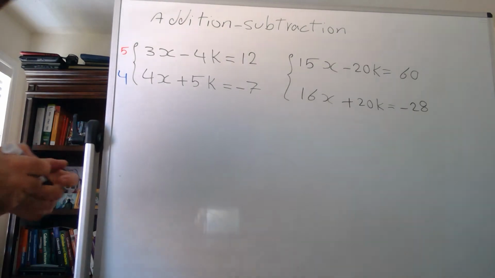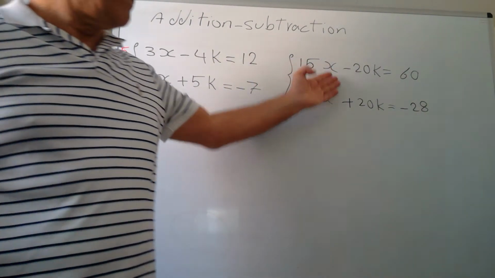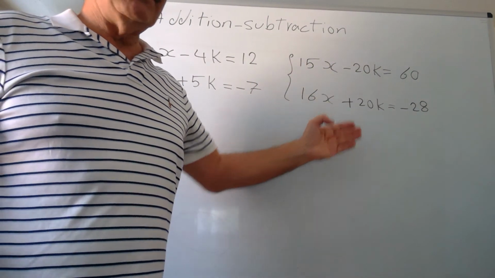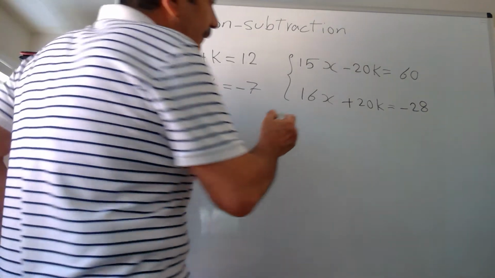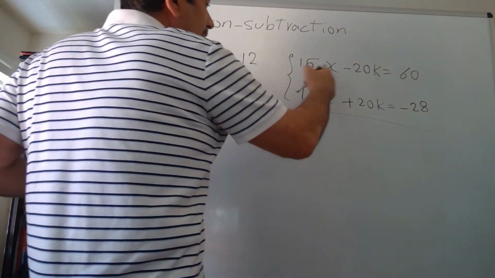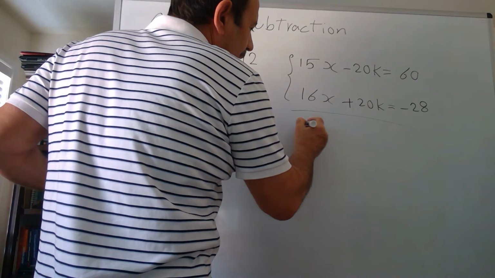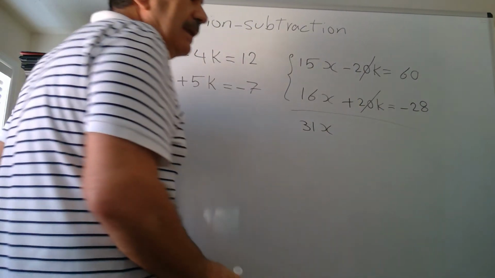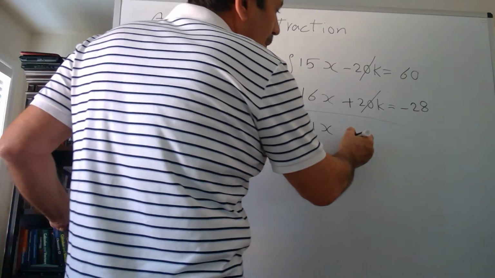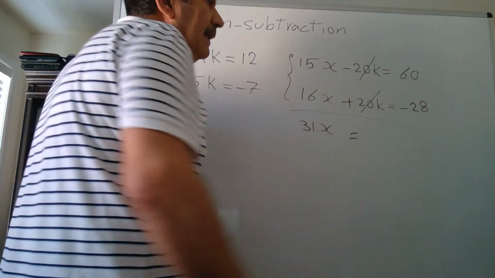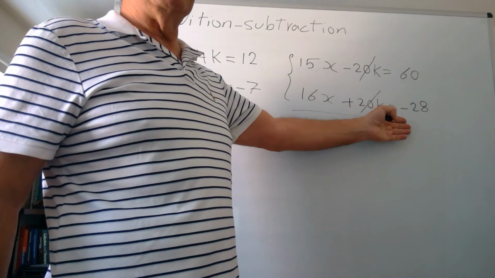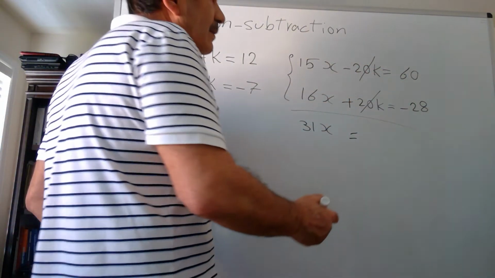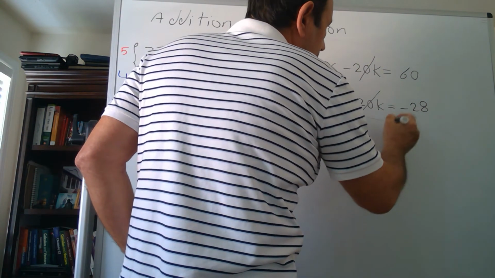Now, if we add these two, then negative 20k and positive 20k cancel each other. 15x plus 16x is going to be 31x. Negative 20k plus 20k cancel each other, and 60 plus negative 28, because we are adding, is going to be 32.